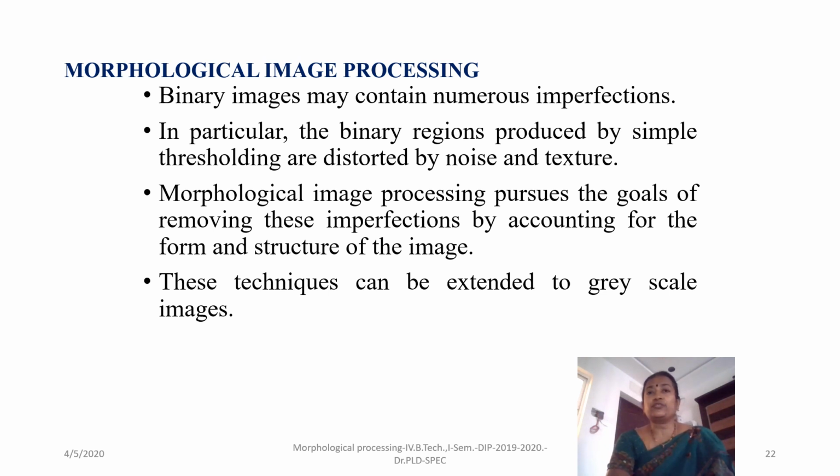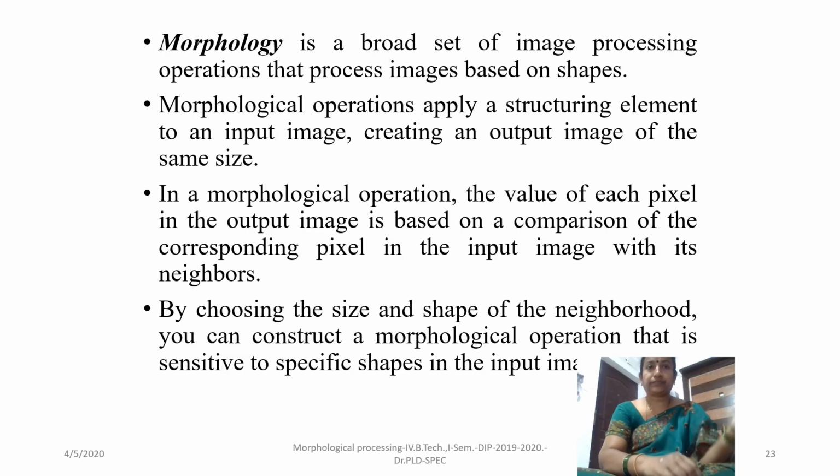Simple thresholding is distorted by noise and texture in binary images, but the basic goal of morphological image processing is removing these imperfections. These techniques can be extended to grayscale images also.